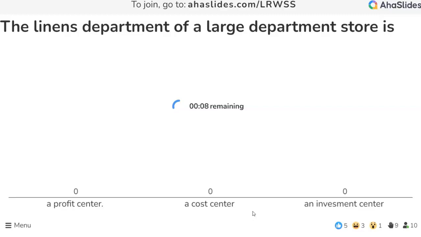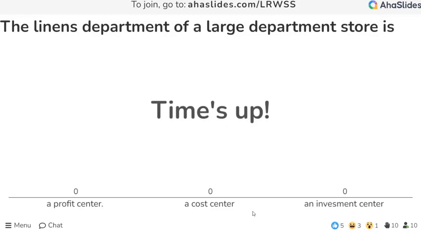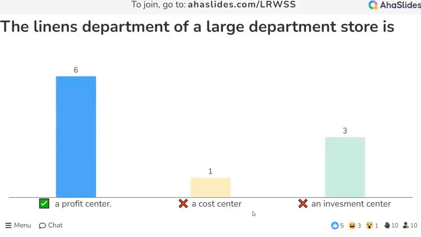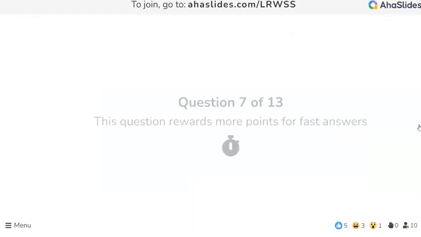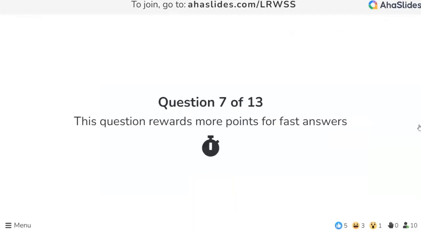Right, very good. We can track how much linen is sold in that department, and we can track how many costs are incurred in that department. We can come up with a profit idea for that manager.